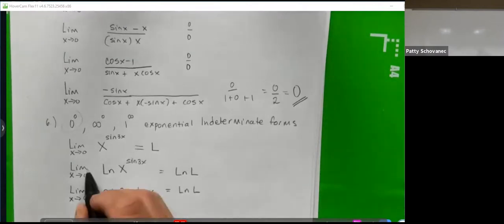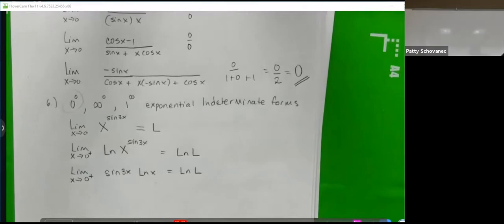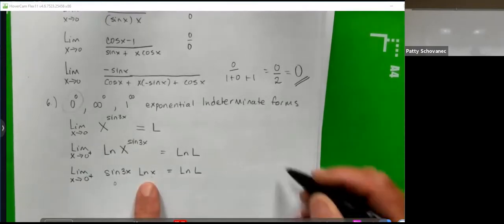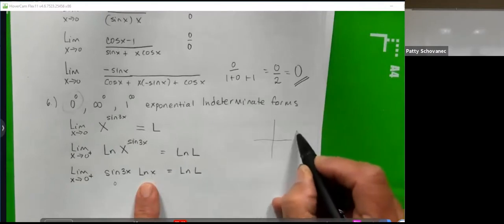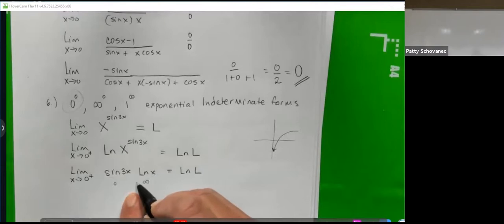Since a logarithm is not defined for negative numbers, let's come into 0 from the right. But remember again, sine of 0 is 0, but as I'm coming in from the right, the natural log gets big and negative. So this is going to minus infinity.